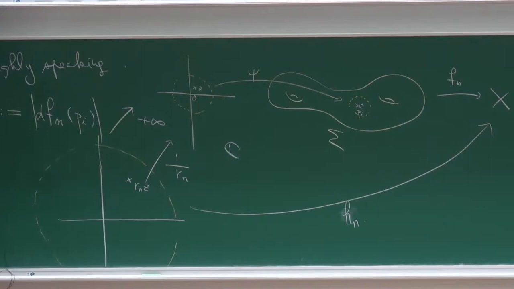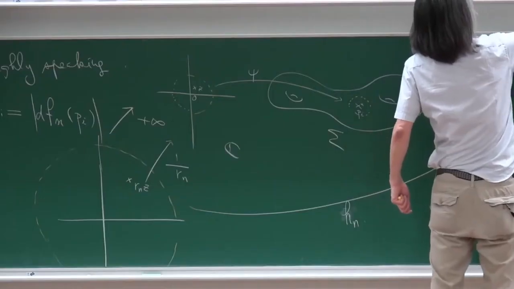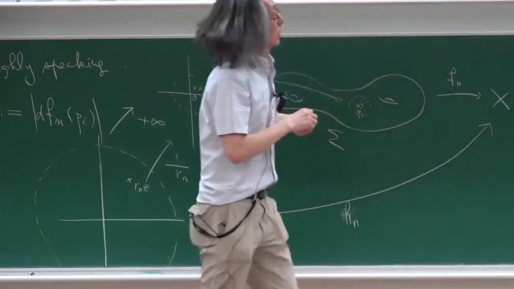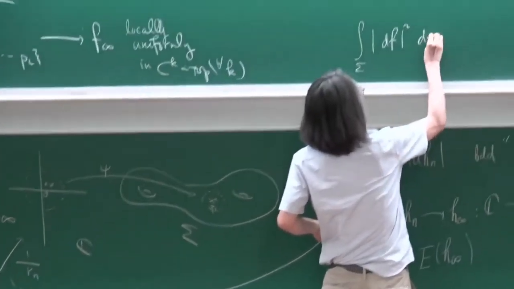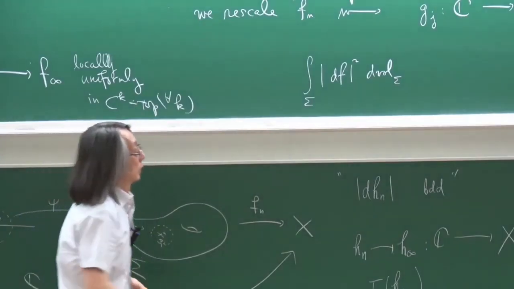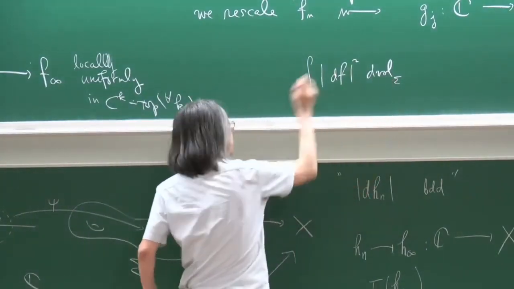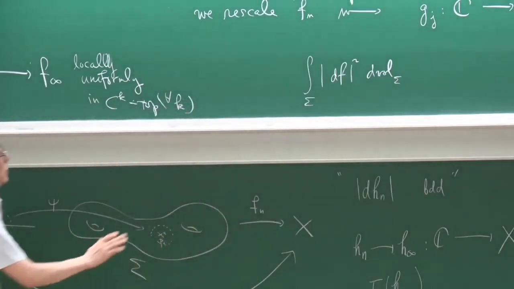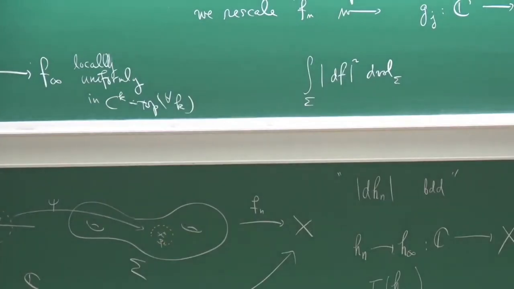But we take energy, that means an integral, so in fact I have to write here some d of volume, or area form, right? So the scaling effect here and the scaling effect here actually cancel out. Therefore, this is a kind of conformal invariant, so this composition has the same energy.